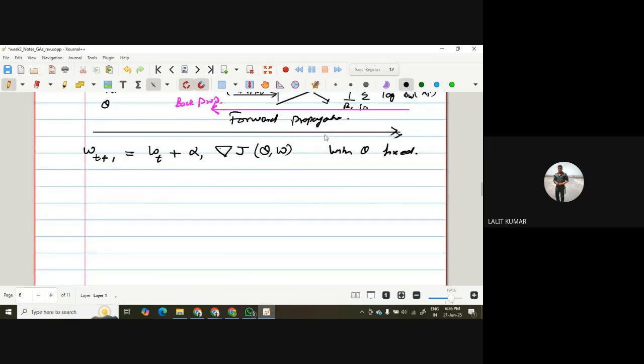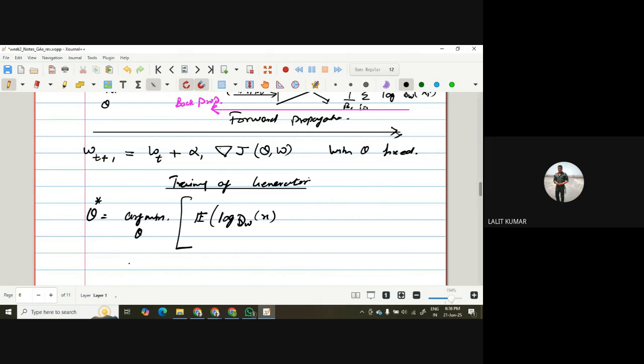So with the same concept, now we come to training of the generator. Now the generator is what? Generator theta star is equal to argmin over theta of expected log of D_W(x), where the domain is P(x), plus expected log of 1 minus D_W(x_j), where the domain is P theta.